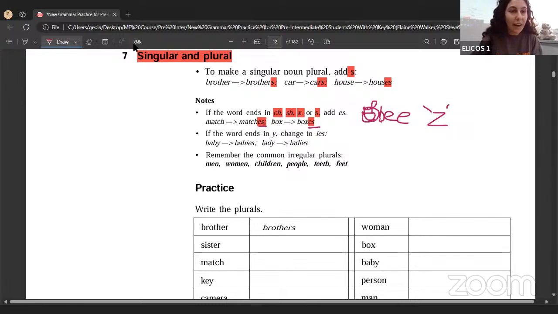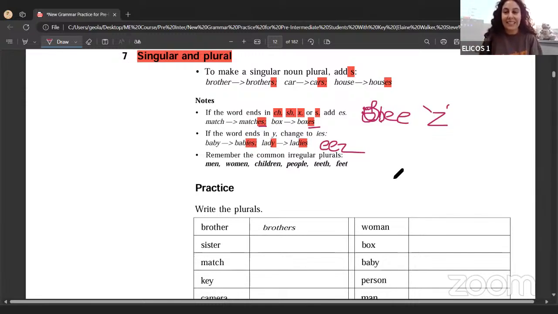If it ends in a Y, we add IES. We take off the Y and add IES. So baby, one baby, or two babies, three babies, four babies. Lady becomes ladies. And it's like an EEZ. So I would write the sound is like an EEZ.